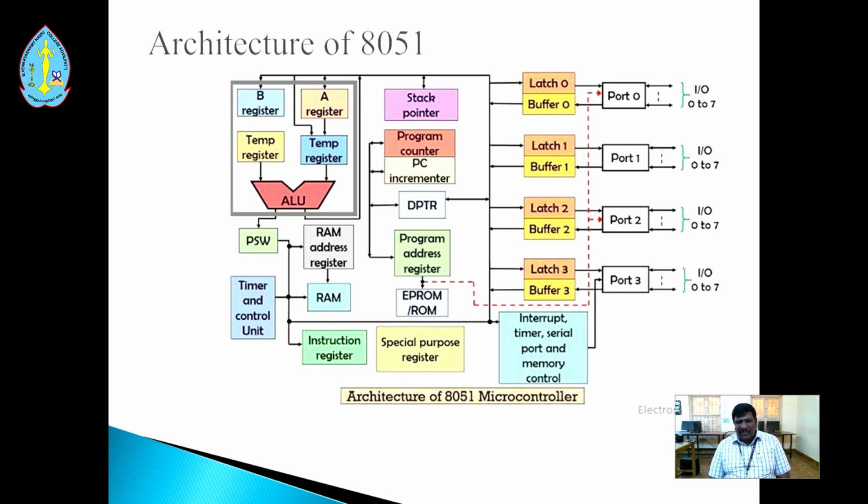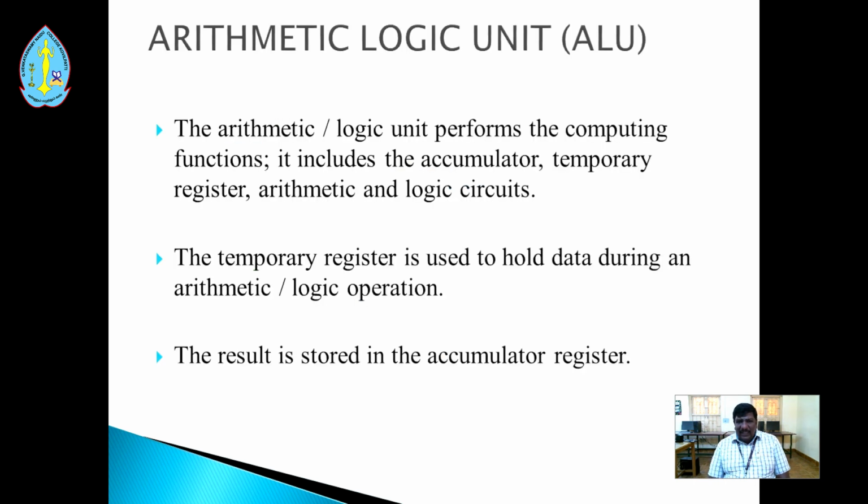Now we discuss the architecture of the 8051. It has 2 registers, called the A register and the B register, used for storing data and inputs. Next, the temporary register can temporarily store data. Next we discuss the ALU, the arithmetic logic unit.